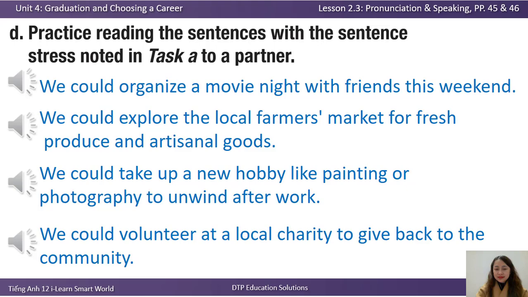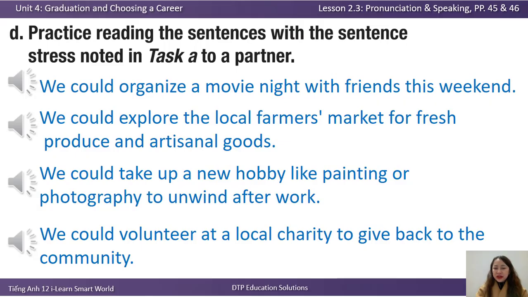We could take up a new hobby like painting or photography to unwind after work. We could volunteer at a local charity to give back to the community.